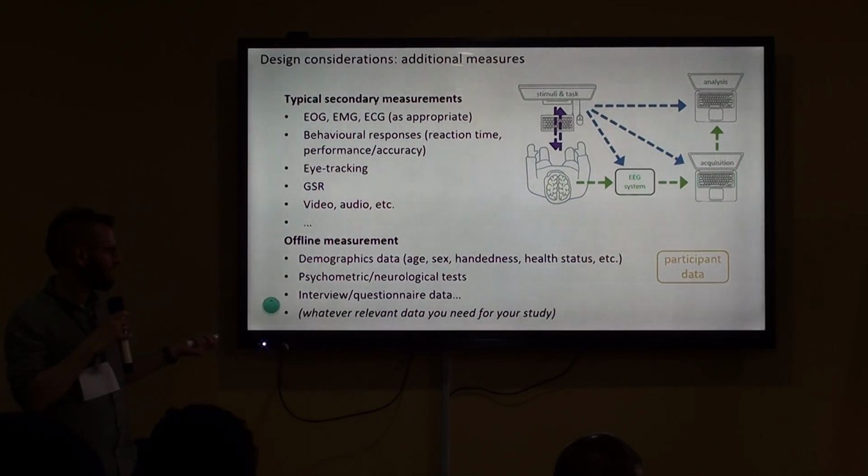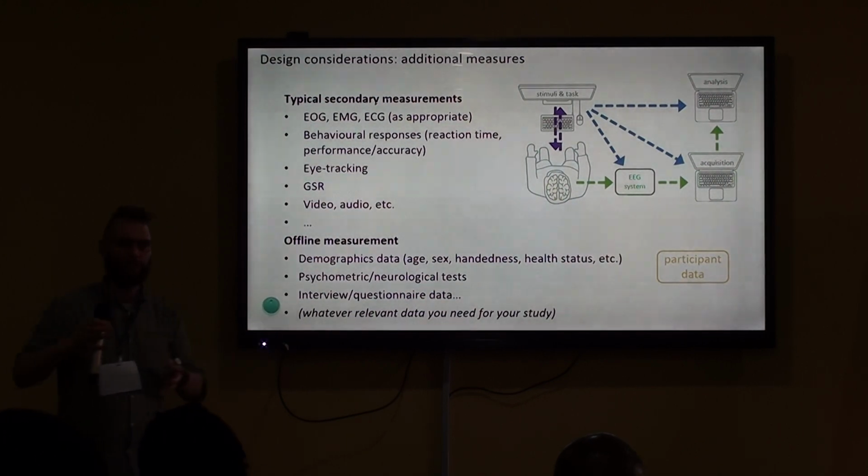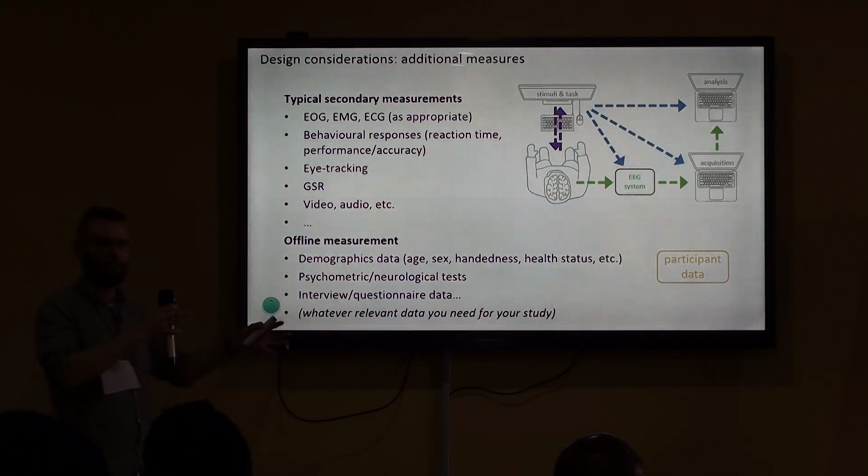It could also be, for example, more detailed psychometric or neurological tests. We don't need to do them in the EEG lab. We could do those either at the bedside or in a separate testing room, if we have that, where they're not disturbed by all the EEG equipment.